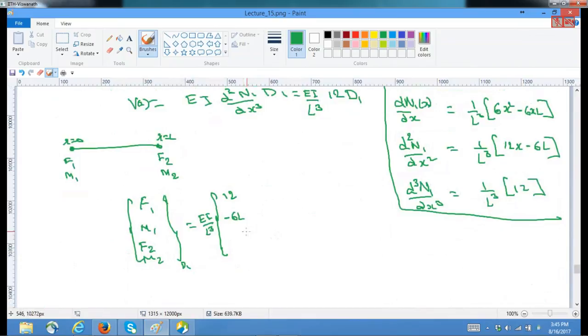Since the direction of it is opposite compared to the positive one, you'll get it as 12, and this one would be 6L.